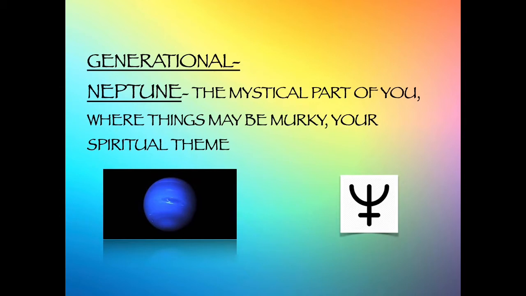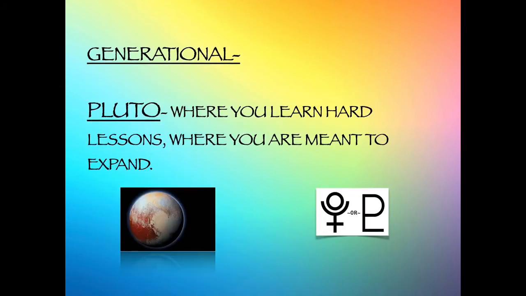And Pluto is considered the planet of transformation, but in order to transform, it takes everything down to the foundation. It's like the storm that comes out and blows your house away, and you have to rebuild, but the house that you build is stronger than the house that you had before. That's kind of what Pluto does. So the lessons here are not soft and fluffy like they would be with Venus.